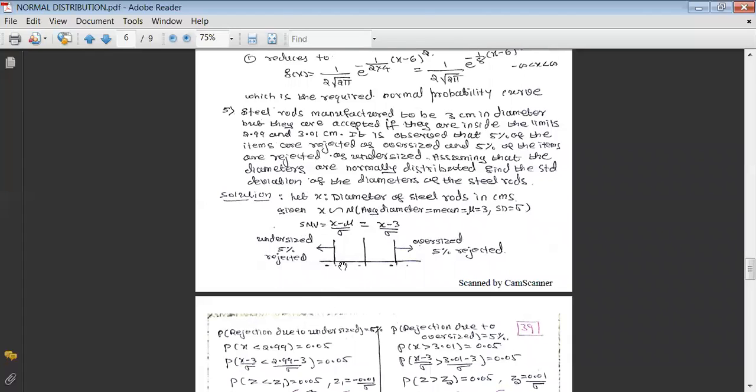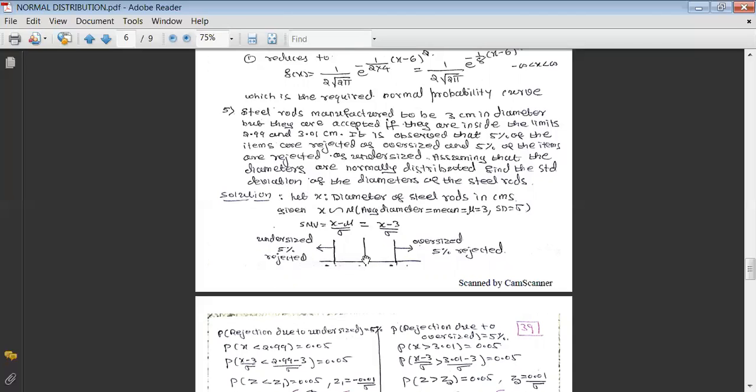This value is 3, this value is 2.99, and this value is 3.01. Actually we need the diameters to be 3 centimeters, but some tolerance is given, and the diameters which are produced are accepted if they are within the limits 2.99 and 3.01. That will be the tolerance we can set.